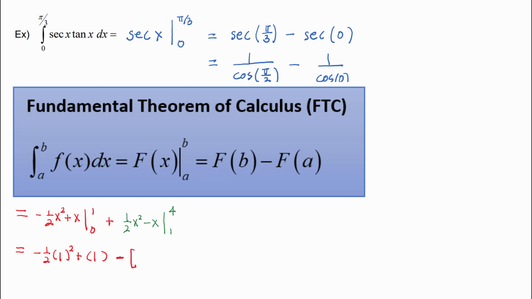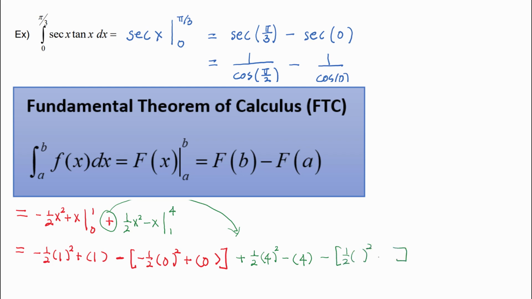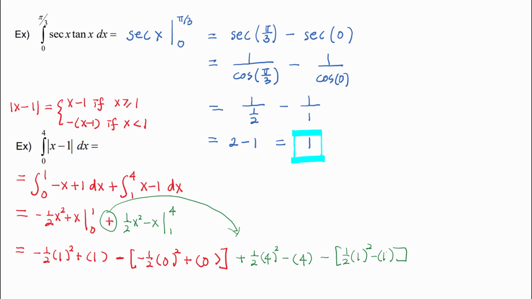Because you're going to subtract, make sure you put parentheses. Negative 1/2 x squared plus x evaluated at 0. And then you're going to add 1/2 x squared minus x evaluated at 4, subtract 1/2 x squared minus x evaluated at 1.